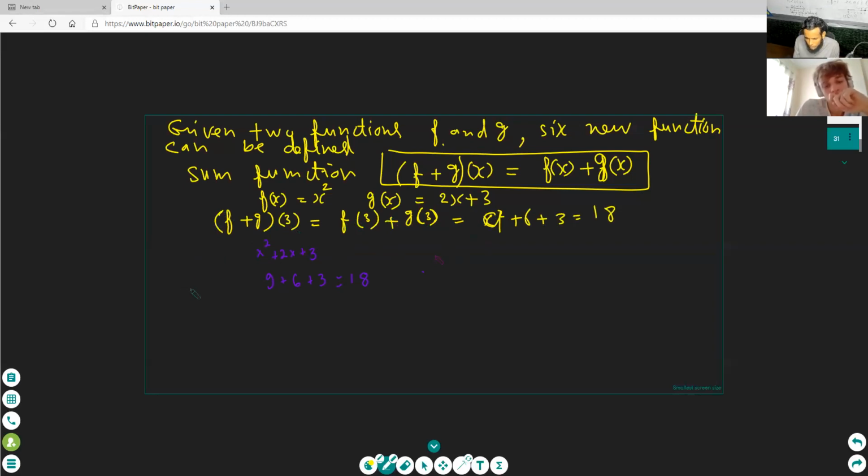I write another formula: difference of function, the difference function. Can you write the difference function formula next? It's like this, but there will be minus. So f minus g of x is equal to f of x minus g of x.